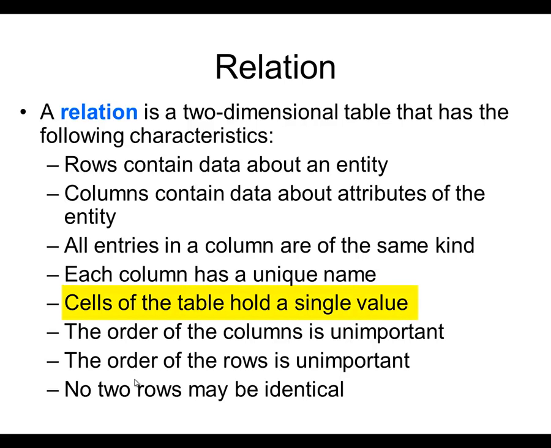Cells of the table hold a single value. Inside that cell that says city, we have only one city, Daytona Beach. We don't have more than one city in that cell. The order of the columns is unimportant. Whether you put the street address at the end and the email before, or the email at the end, it doesn't matter.